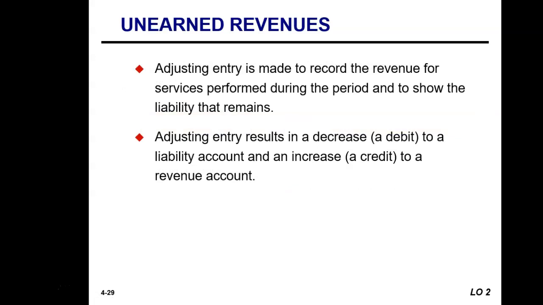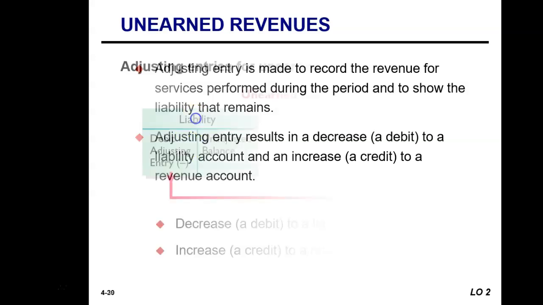So when you make the adjusting entry, we're going to decrease the liability account because unearned revenue is a liability, and you're going to credit a revenue account. Because what we're saying here is that once the unearned revenue has been earned, that portion now becomes revenue.